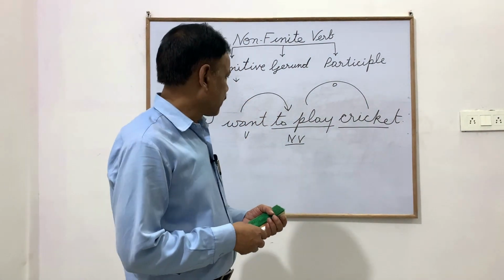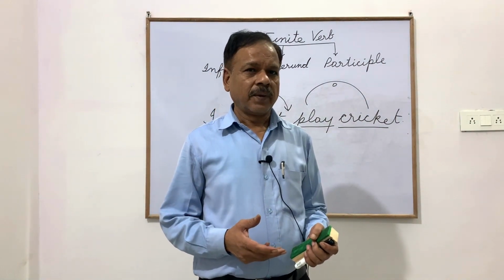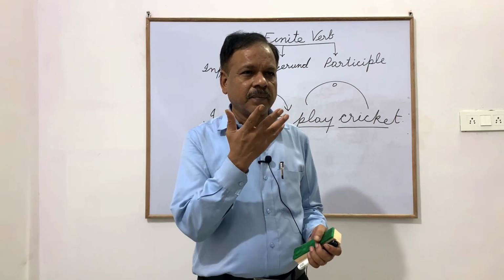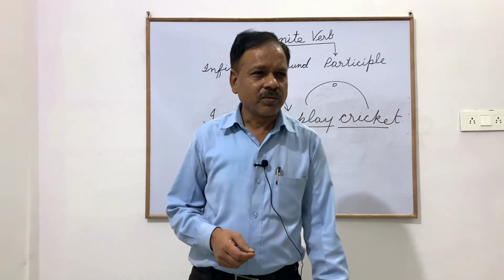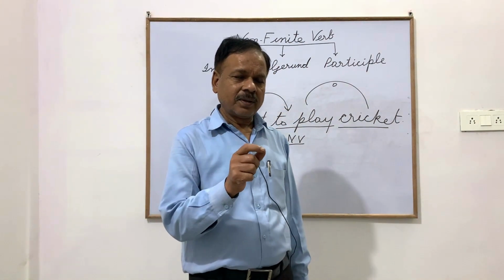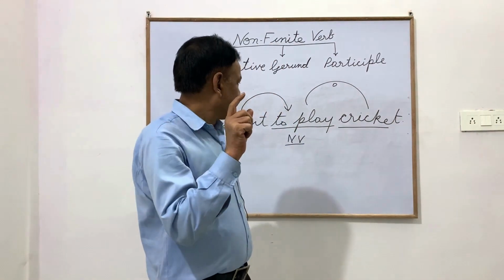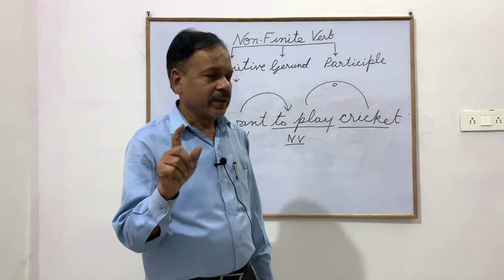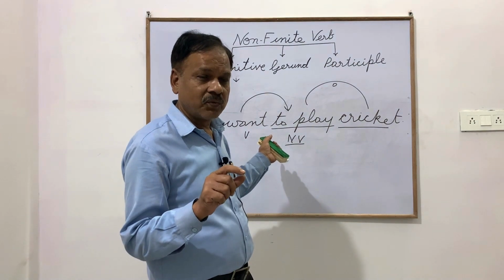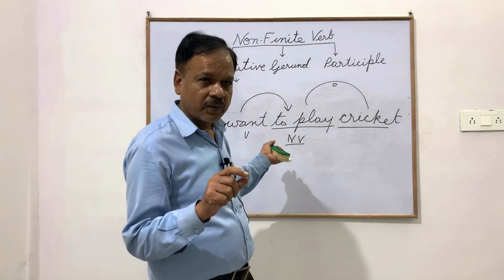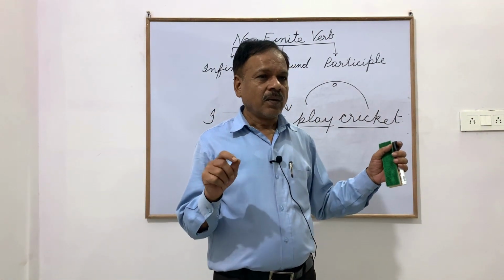Now one more trick. You are all bilingual and most of you are Hindi speaking. Your mother tongue is Hindi. So I'll just try to tell you about a trick which you can apply to ascertain whether it's an infinitive, and the difference between a finite verb and a non-finite verb.